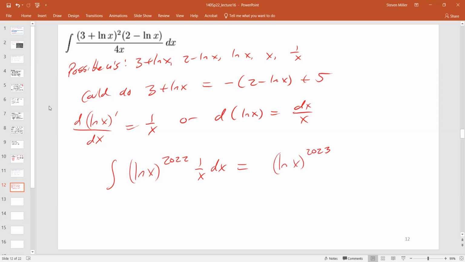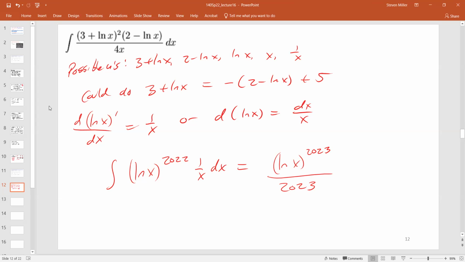Good. And then what would that coefficient be? Excellent. And that's exactly how you should do it. First, get the power right, and then fix. And when I take the derivative, I get 2023 comes down, cancels the denominator. Good. Ln of x to the 2022. And then I get a 1 over x from the chain.